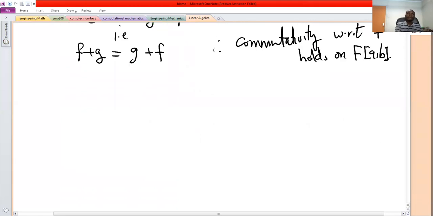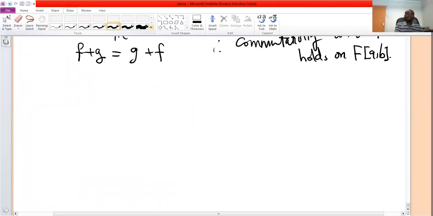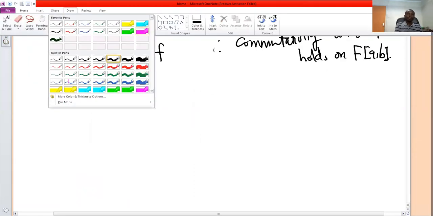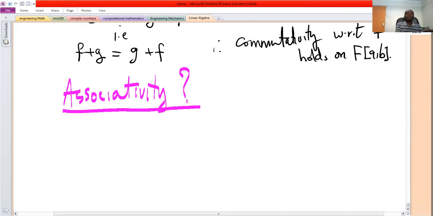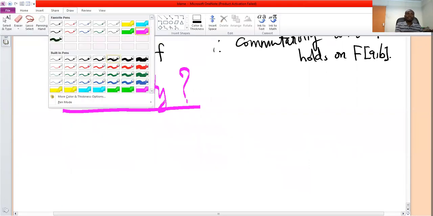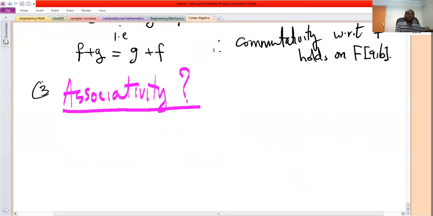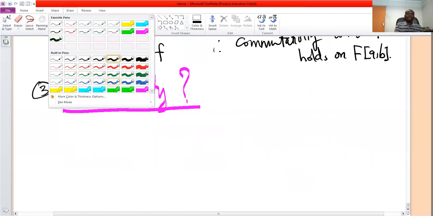Number 3, we prove associativity with respect to addition. Does the associativity property hold on F? Now we pick 3 functions.